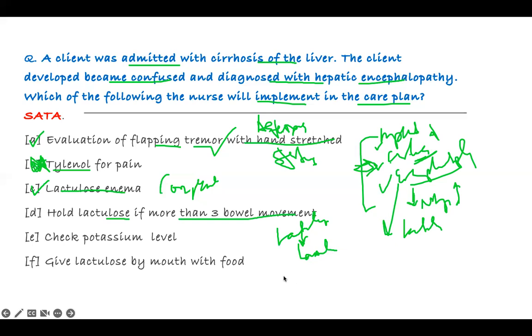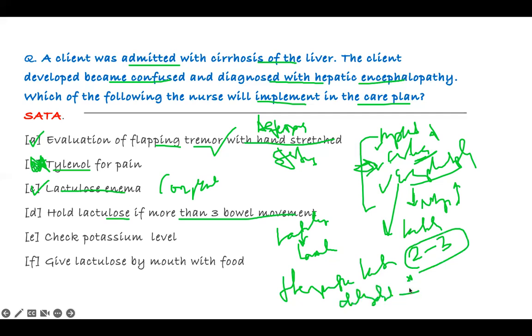The therapeutic effect, this is the content of lactulose, is 2 to 3 bowel movements. Anything above 3, you've got to stop it. Otherwise, they will be dehydrated. And it pulls certain electrolytes out of the system. When you have diarrhea, your potassium is low.